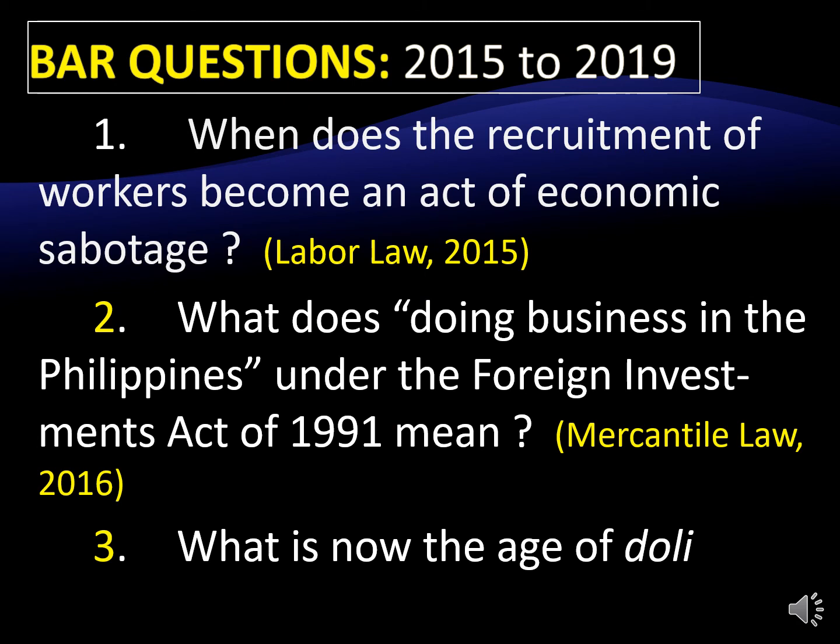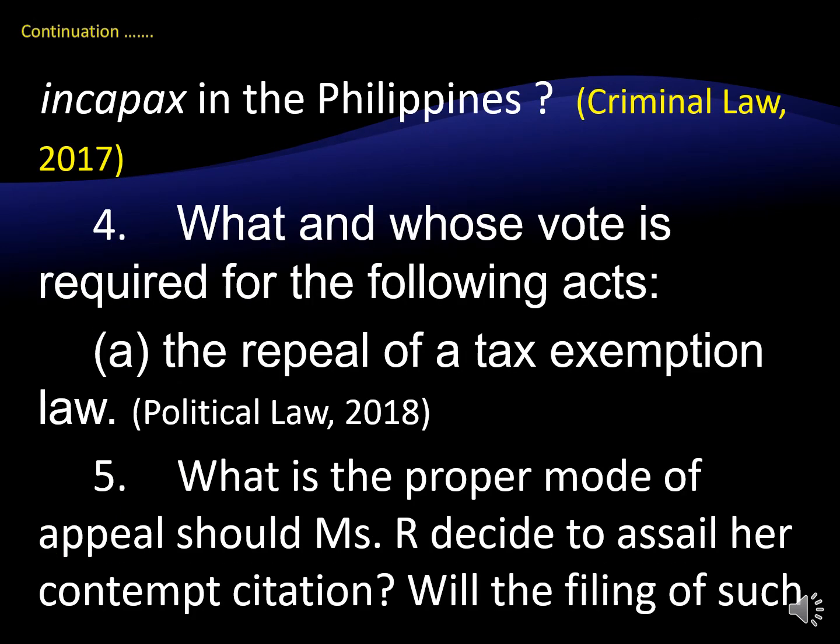So, 2015: when does the recruitment of workers become an act of economic sabotage? 2016: what does doing business in the Philippines under the Foreign Investments Act of 1991 mean? Number three: what is now the rate of withholding income tax in the Philippines?